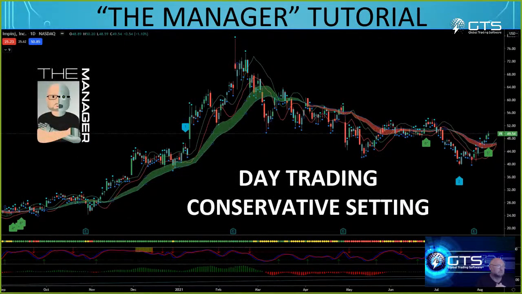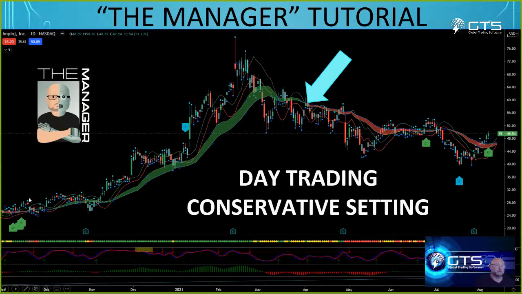Same chart now on the day trading conservative setting. So what happens? We get that earnings reaction, and some of us think maybe there'll be some profit taking, but it will go back up again. So I'm going to make it a slightly more aggressive strategy with the cloud, and I'm going to adjust it to day trading conservative.